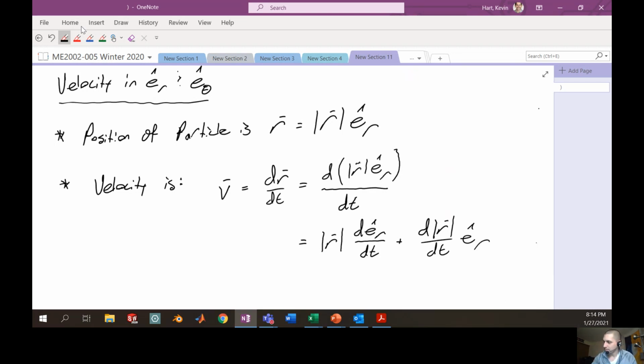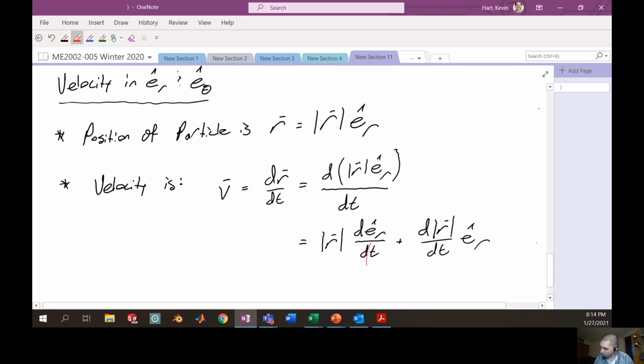Some interesting things here. The magnitude of r is just the magnitude of the position vector, however long the distance is between O and P, easy to find.